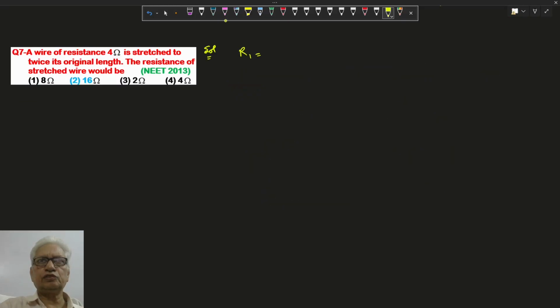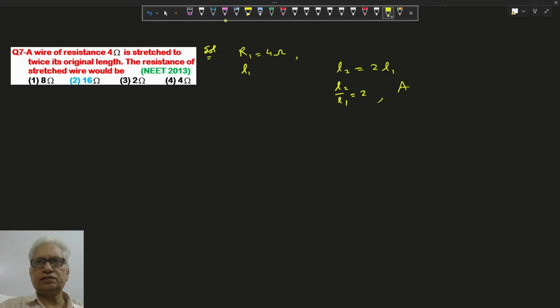Initial resistance is 4 ohm, and the wire is stretched to double the length. Suppose the length is L1, final length will be double, and area will change.